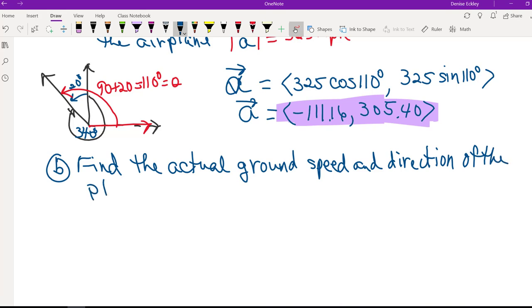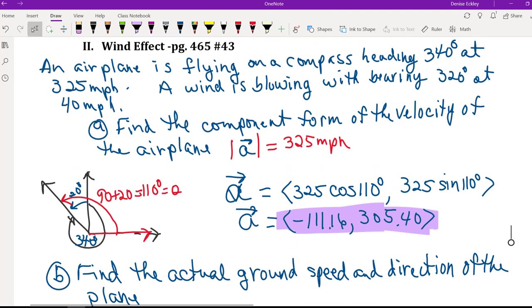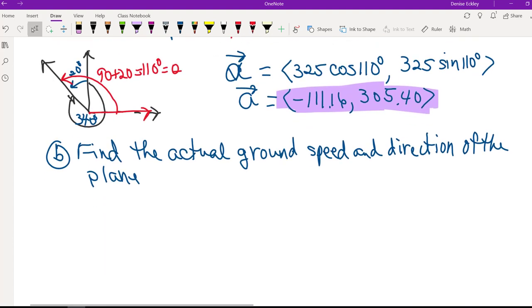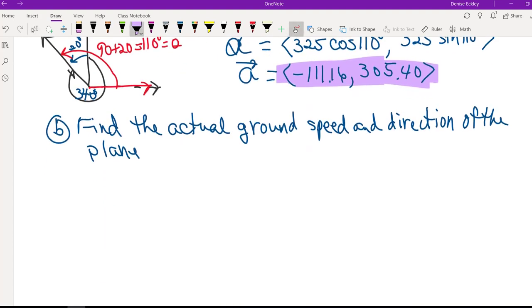So what we have to do now is take into account the wind. What we were given with the wind was that it has a bearing of 320 degrees at 40 miles per hour.